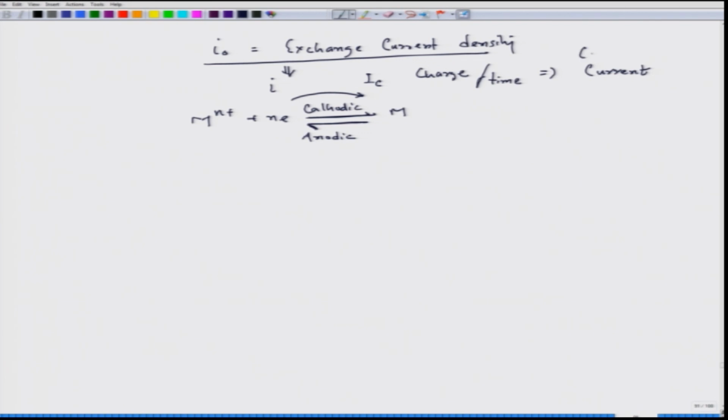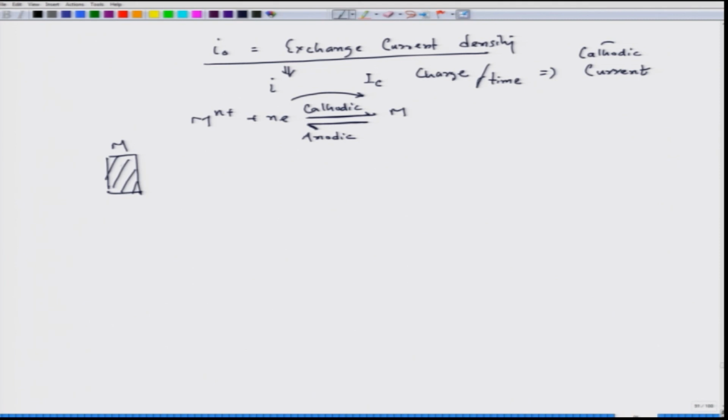So, that is what we call cathodic current. Now, let us say this is the metal surface on top of which the cathodic reaction is taking place.